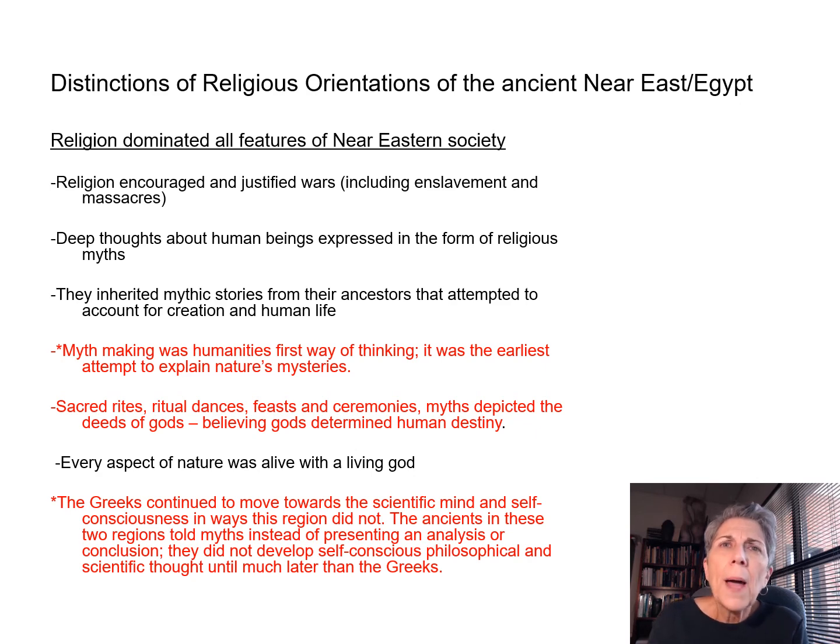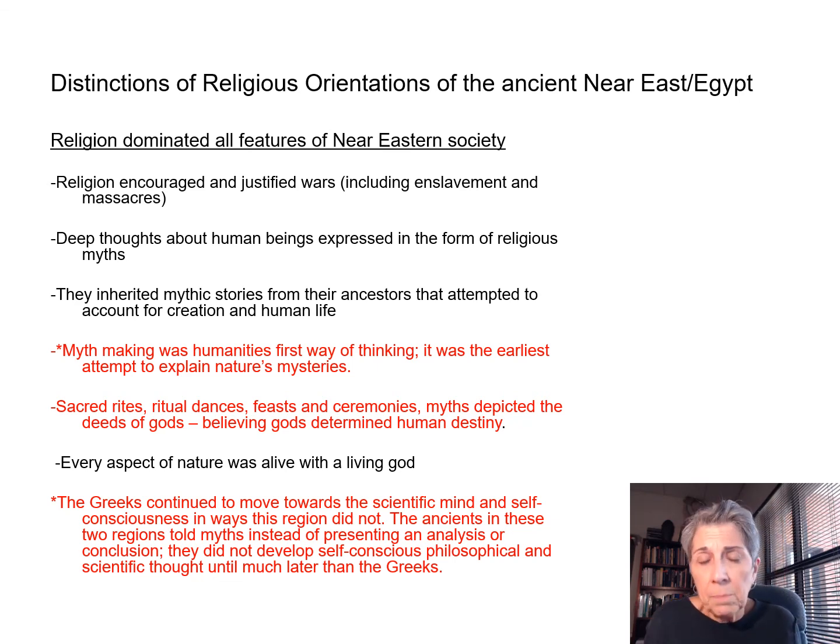But I want to talk about why they remain that way, whereas when we go to the Greeks, and there's a lot about the Greeks because that's European, is why the Greeks progressed the way they did. And although the ancient Near East and Egypt were very inventive and very important, there was a period, they stopped with myth making.